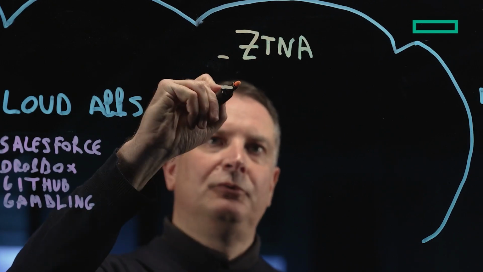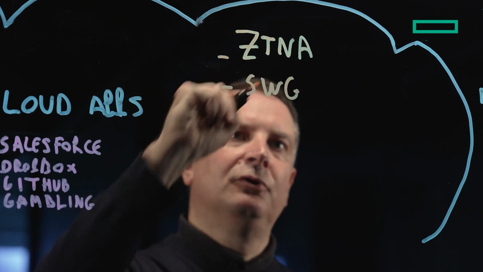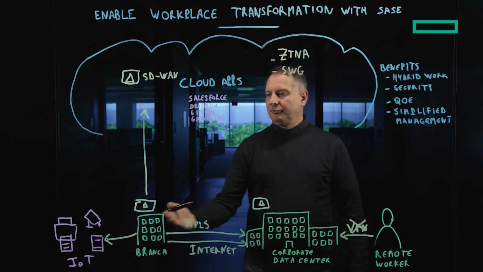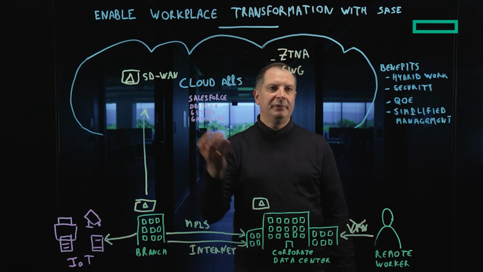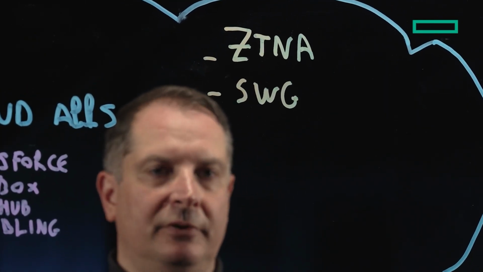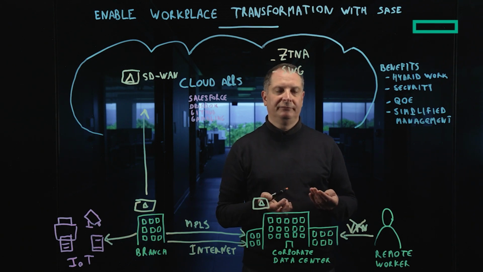The next step would be SWG, Secure Web Gateway. The fact is that this user, or this branch user, can access cloud applications such as gambling, or malicious websites, and you need to protect the organization against web-based threats such as phishing and ransomware.